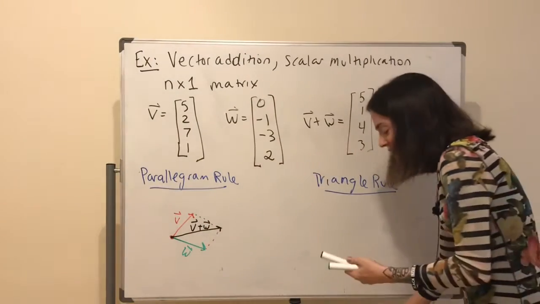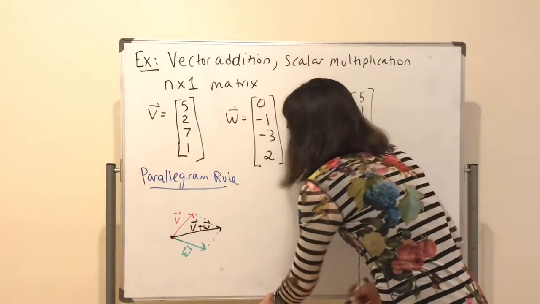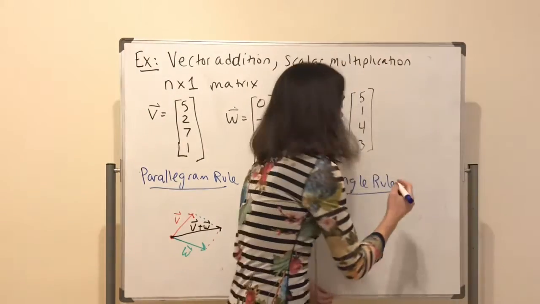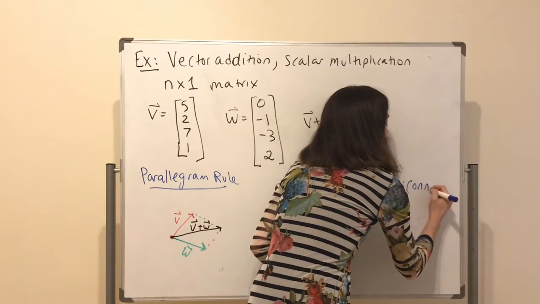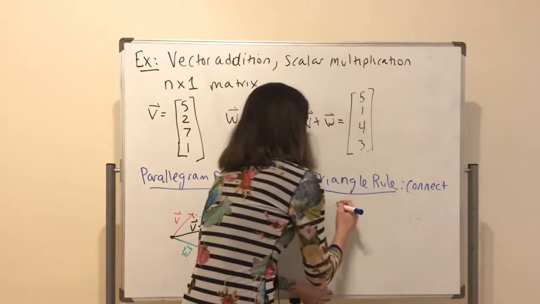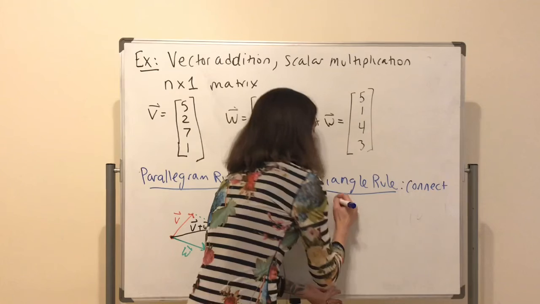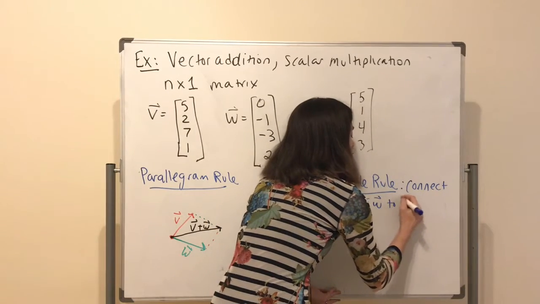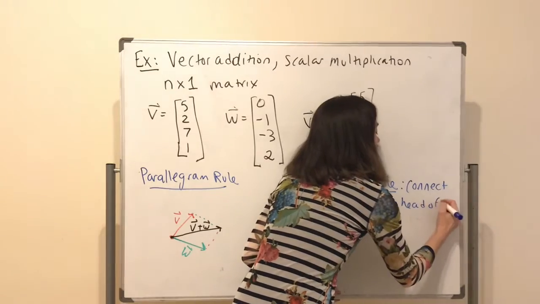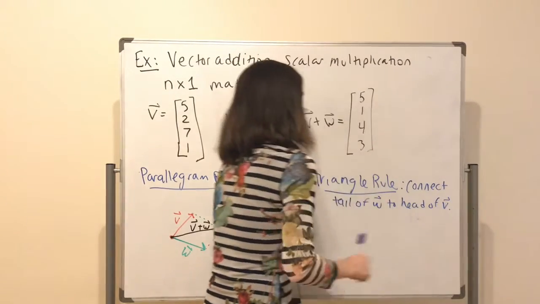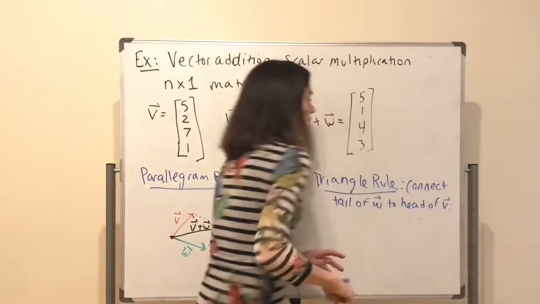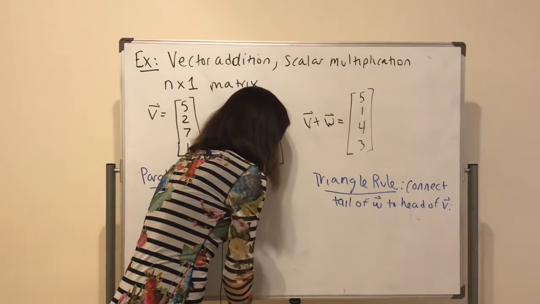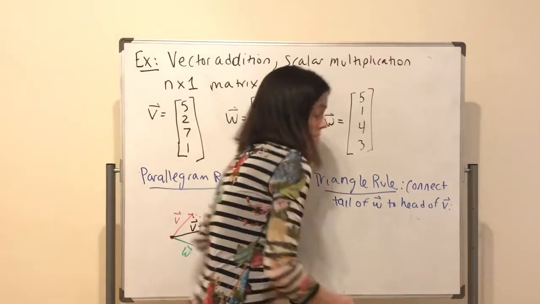Triangle rule, well, what is it? What you do is connect the tail of W to the head of V, as in the picture. Let me try to draw the exact same two vectors.